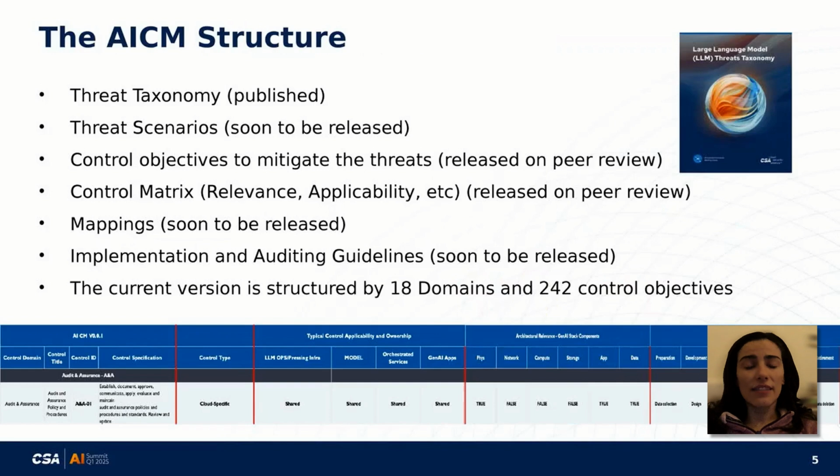It is divided in 18 domains. The CCM has 17. Here for the AICM, we have 18 domains because we introduced a new one, called model security. And we have a total of 242 controls, from which 46 are also newly introduced and are AI specific.